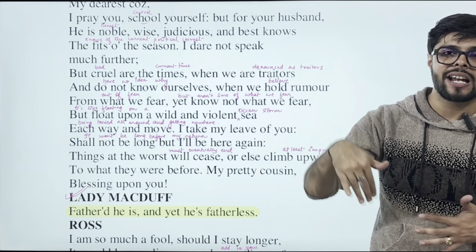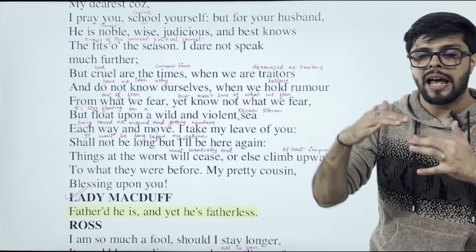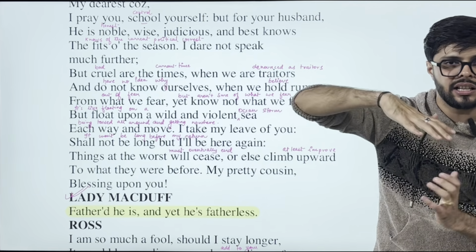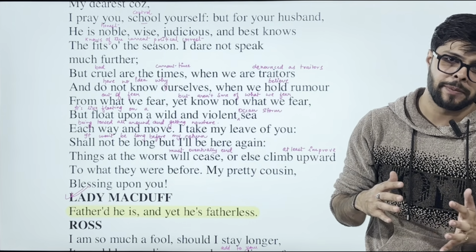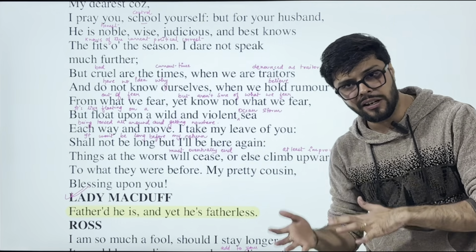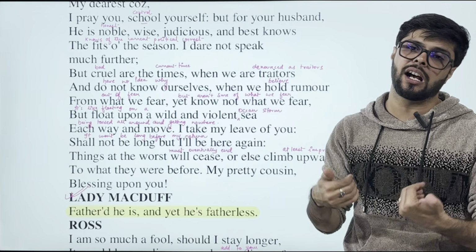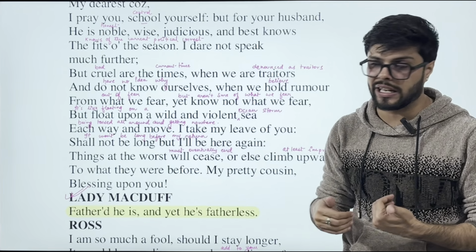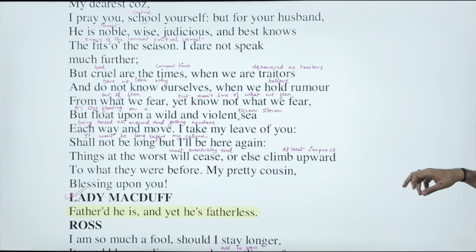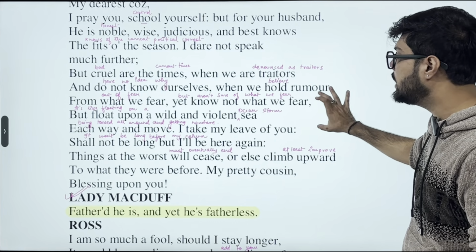It's like a high tidal movement where the residents of Scotland are afloat and being tossed here and there in the ocean, not knowing what exactly would be their destiny. Either they'll be able to survive and come out of the current political crisis, or they are going to just get sunk in it, under Macbeth's rule. So it is like floating upon a wild and violent sea.